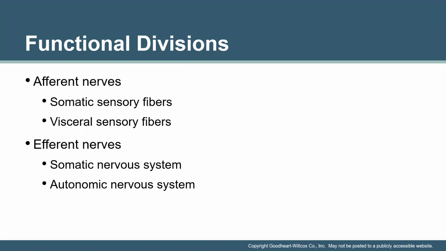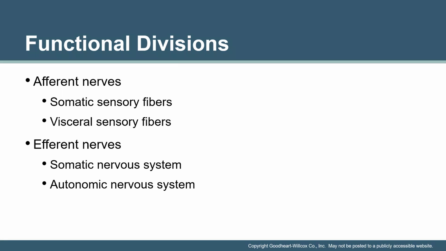Within this division of sensory afferent nerves, you have something called a somatic sensory nerve fiber. Anytime you see the word somatic, that's going to tell you it's related more towards the outside of the body, or the body wall, we could say.